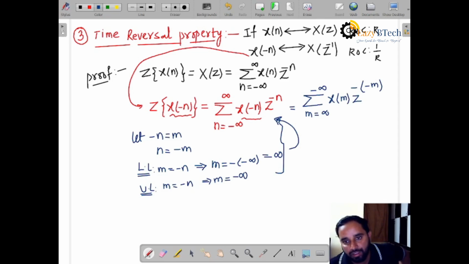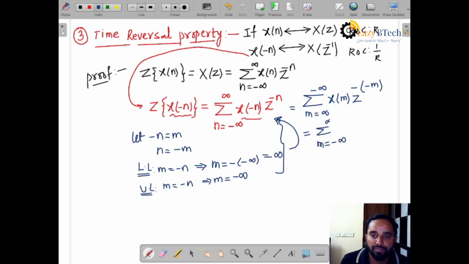Okay. Now this is the summation. We can exchange the lower and upper limits, no problem with the limits. Minus infinity to plus infinity, x of m z power minus m, or I am writing z inverse power minus m.